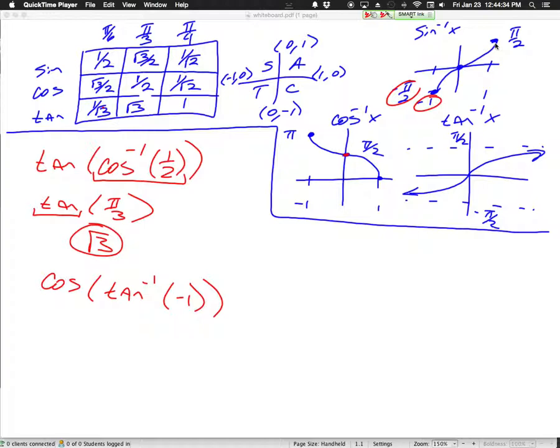Cosine of inverse tangent of negative 1.